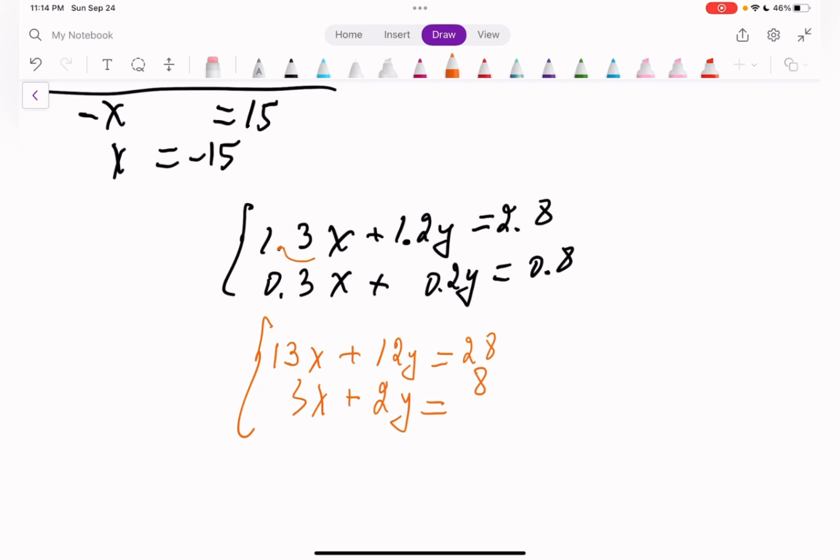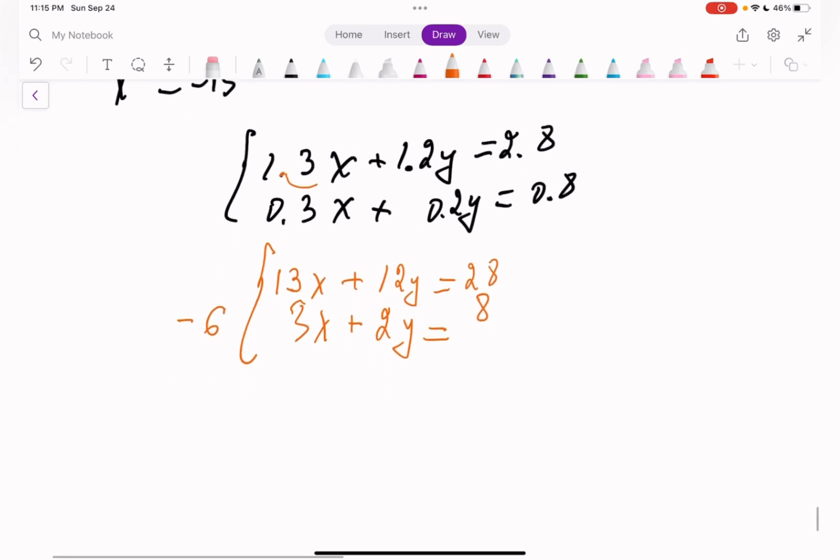Okay, let's see. I have 13x, 3x. Ooh, 13, it's a prime number. So 12 and 2. Okay, I can multiply this by 6 and I will get 12y. But since both of them are positive, I'm multiplying by negative. So instead of the positive 12y, we can get negative 12y.